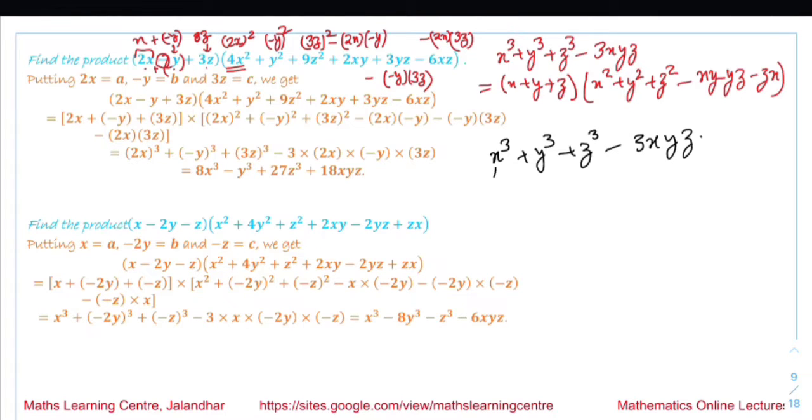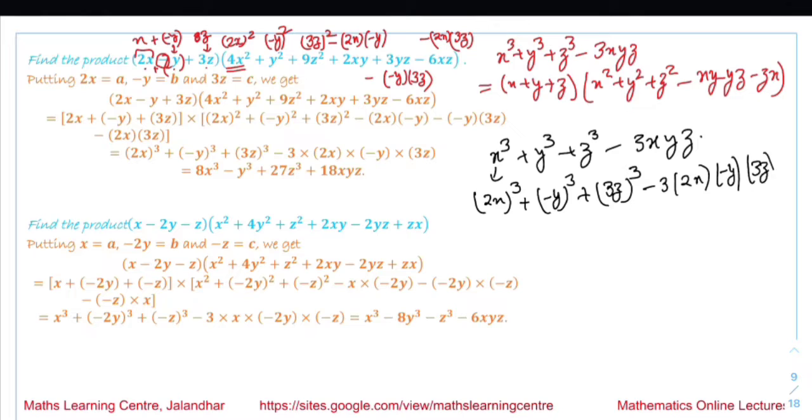Now what is x cube over here? In place of x we are writing 2x cube. Next it is plus, in place of y it is minus y cube, in place of z it is plus 3z cube. Now the next term is minus 3 into, in place of x we are writing 2x, y is minus y, and z is 3z.